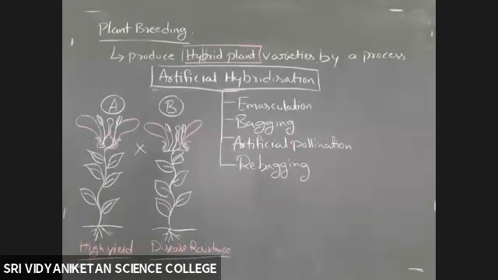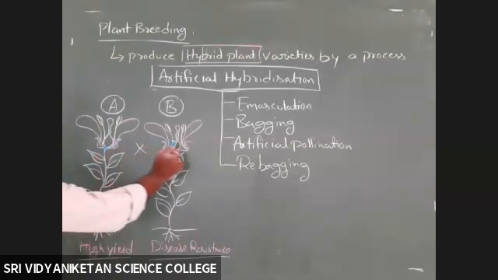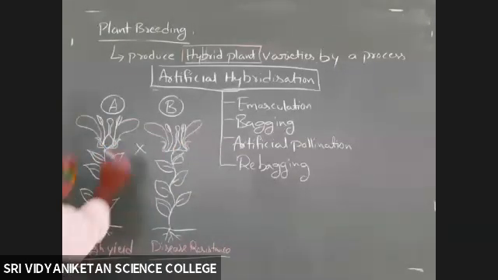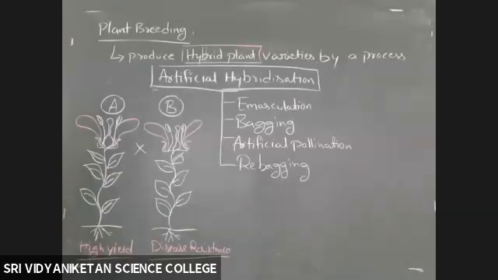First step, emasculation. Now remember, it is a bisexual flower. Both flowers are selected as parents. But here, we collect pollen grains from one plant, and the pollen grains are transferred onto the stigma of another plant artificially. From which plant do we collect pollen grains?